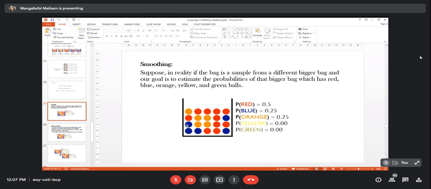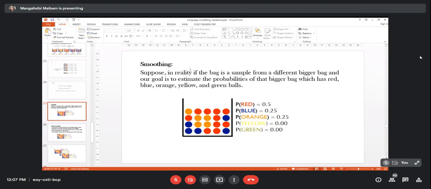Suppose there are chances to take out a yellow or green ball from the bag. When you have a bigger bag, a larger collection of data, you may have chances to pick up a yellow ball or a green ball. So in that case, we need to use smoothing.